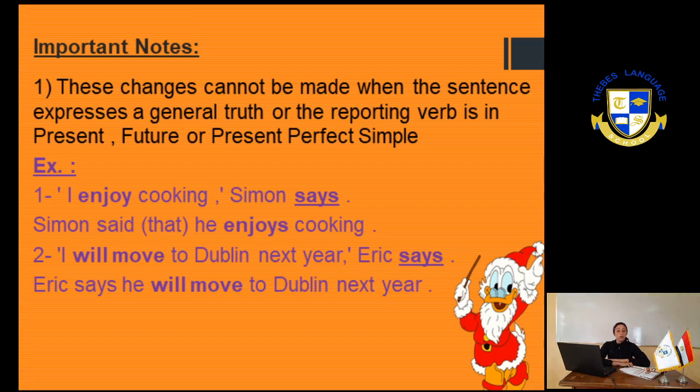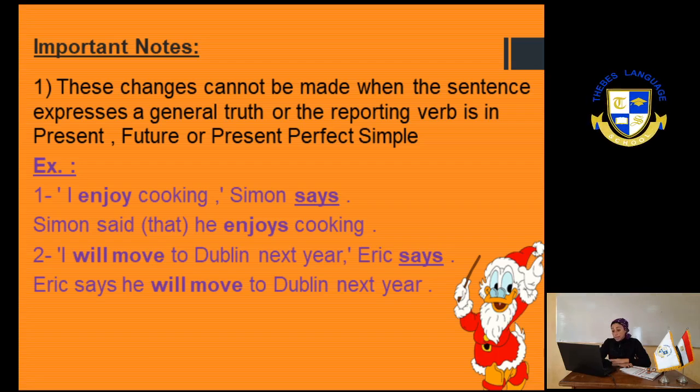The words that we use for reporting the verb are not the words that control our verb inside the sentence. That means I can see them only to determine which tense I am going to use. For example, here: "I enjoy cooking," Simon says.